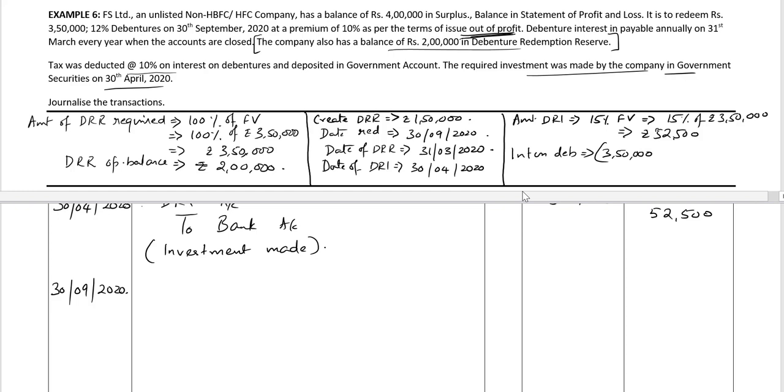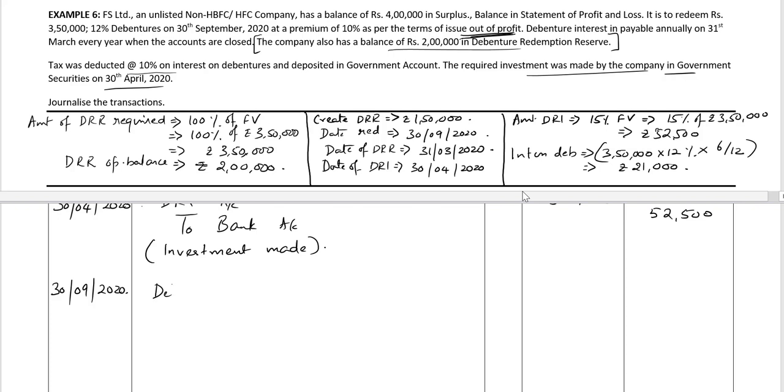It is given that it is a 12% debenture, so per annum interest is 12%. And we need to pay it. The last payment of interest would have been on 31st March 2020. And we need to pay from 1st April 2020 to 30th September 2020, which is for 6 months. So multiplied by 6 divided by 12. This amount comes to rupees 21,000.